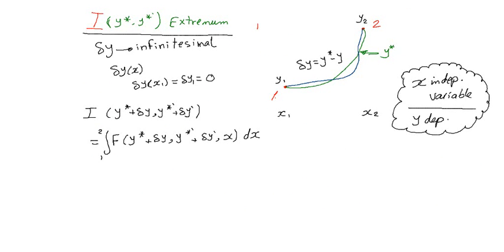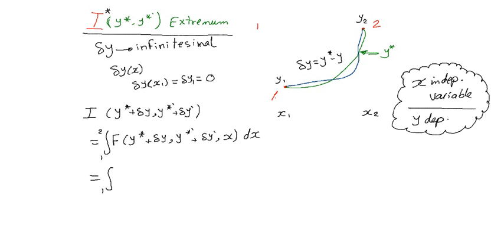So the condition that delta y is infinitesimal can be used in some useful manner. How? I will rewrite the integral in this way. Let us differentiate I from the optimal value of the function. I can be written as the following.